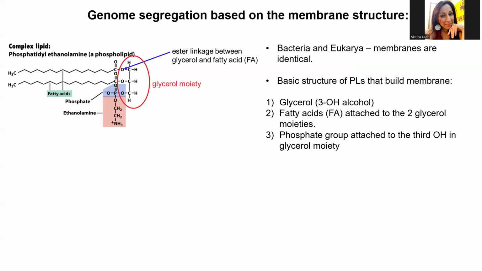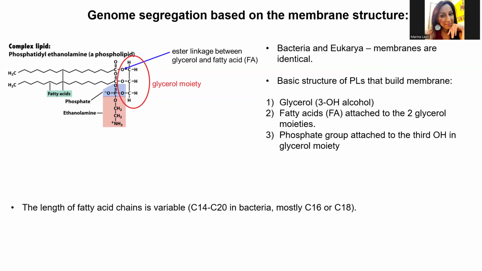The length of these fatty acids, again I'm saying bacteria and eukaryotes because archaea have a different structure, is variable, between 14 and 20 carbons. Usually bacteria have 16 or 18, but this is not really a fixed state. The composition of fatty acids is changing, and it's very responsive to temperature and environmental conditions.